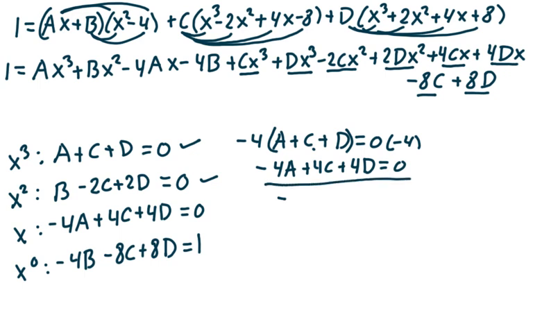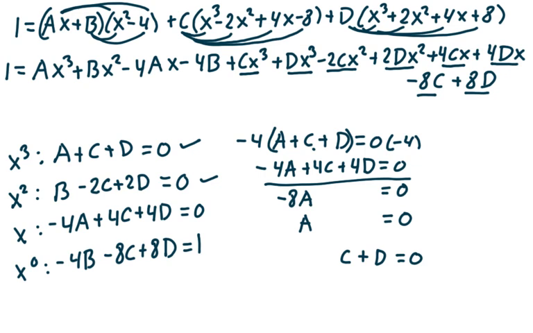When I do, I get negative 8a equals 0. So a has to equal 0 for starters. And then, if a is 0, I have c plus d equals 0.